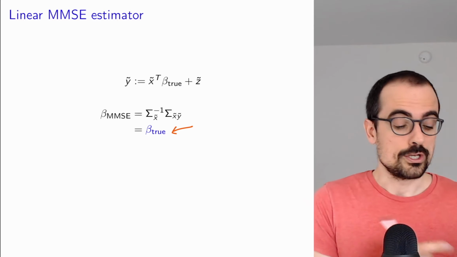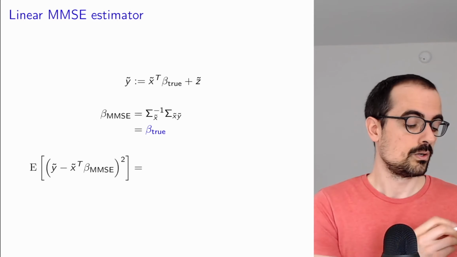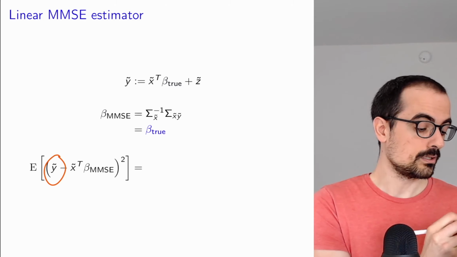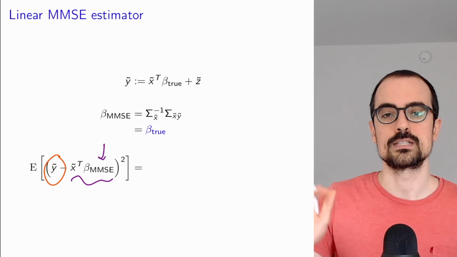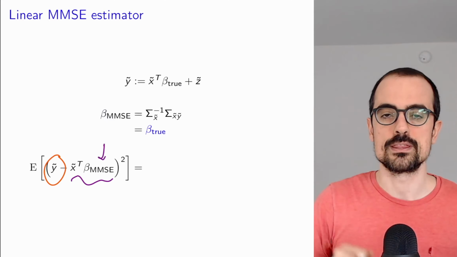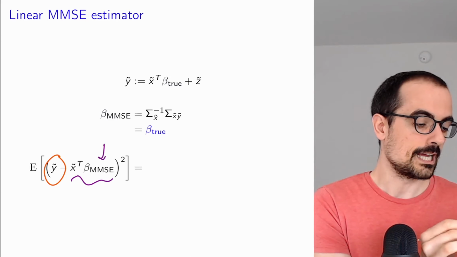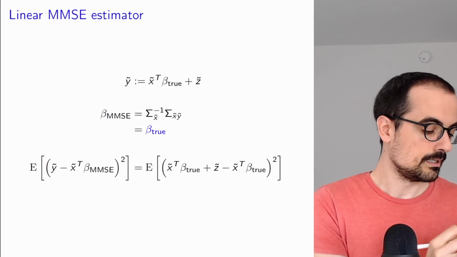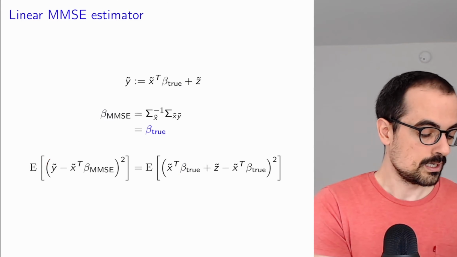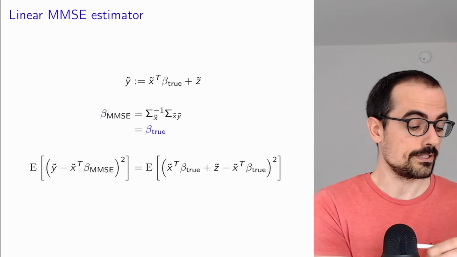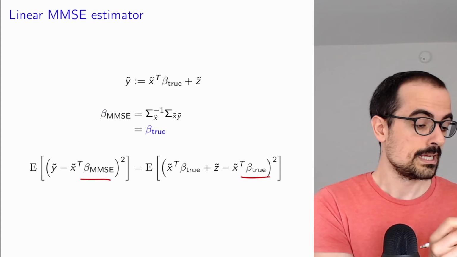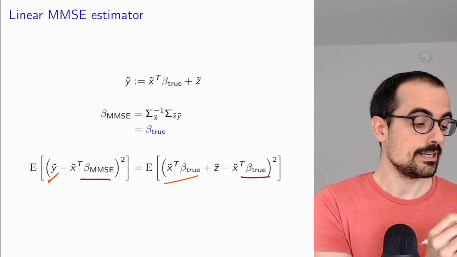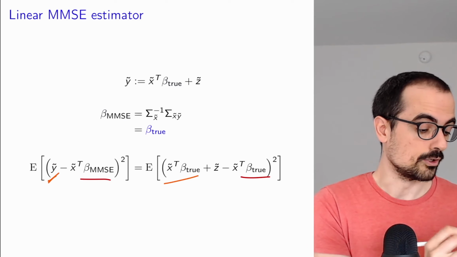And that means that when you look at the error that you incur when you approximate the response using your estimate, which is the linear coefficients, because again, we don't have any additive constants because we assume everything is centered, times the features, then what happens is that the estimated linear coefficients correspond to the true ones, and y we are assuming is equal to this linear component plus the noise.